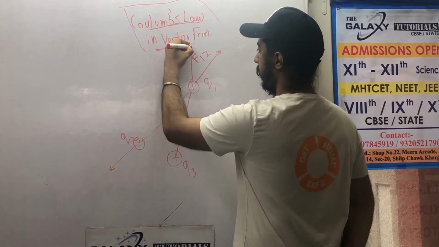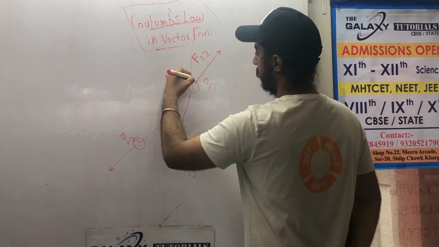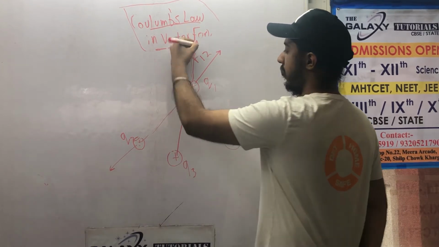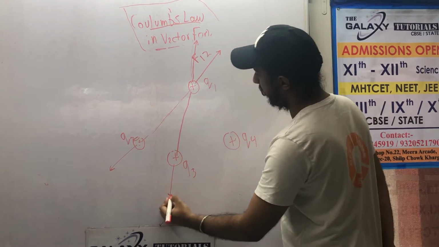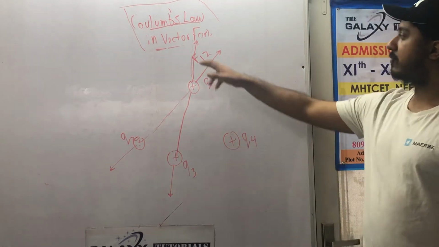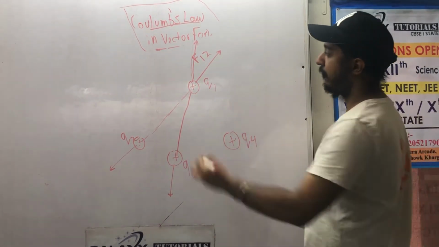It will act along the same line. It will act somewhere along here, and here also there will be a force, but we are talking about this one only. So what will be the force here? F13.